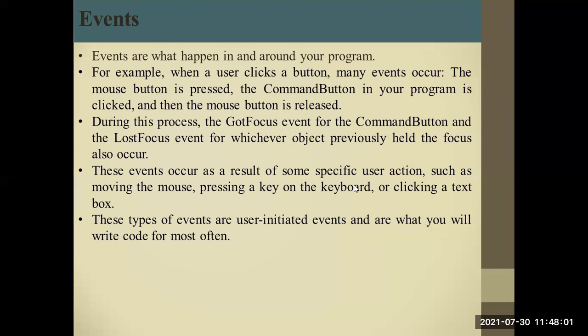This event occurred as a result of some specific user action. Basically, why are these events occurring? The events occur because some specific user action is performed, such as moving the mouse, pressing a key on a keyboard, or clicking the text box. These are some of the events that occur.